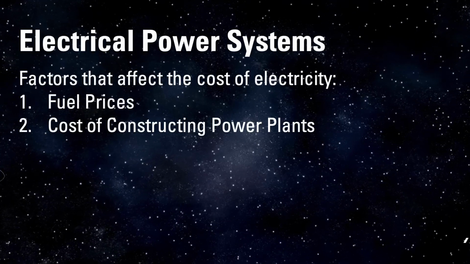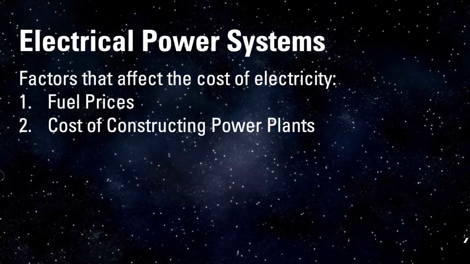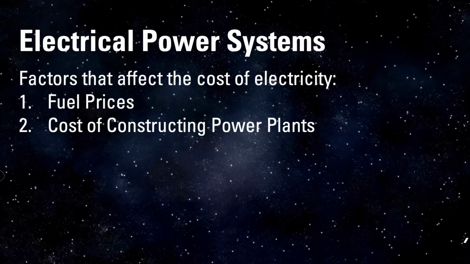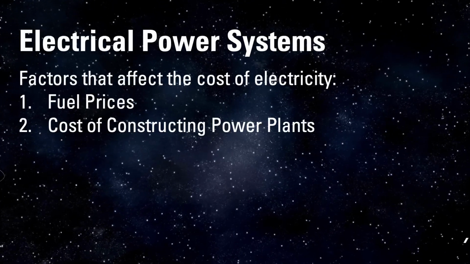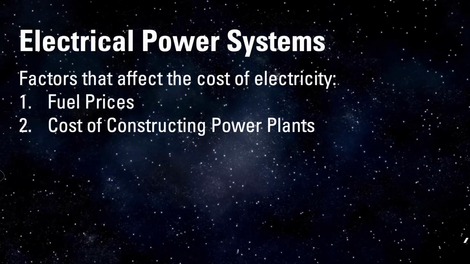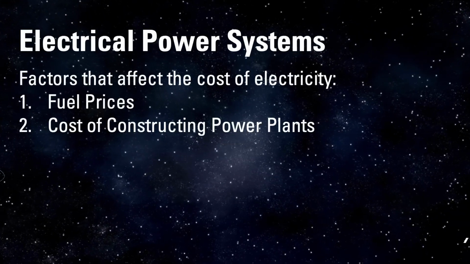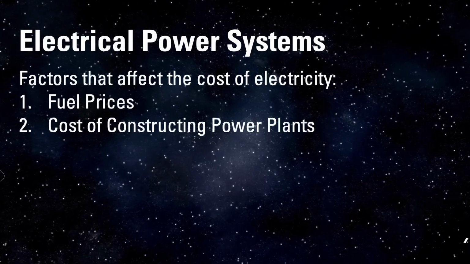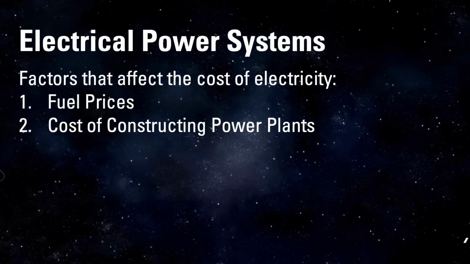The second factor is the cost of constructing power plants. The cost of constructing a power plant and operating it can vary greatly depending on the type of power plant a company wants to construct. On the next slide, we will compare the LCOE of different types of power plants. LCOE stands for Levelized Cost of Energy.